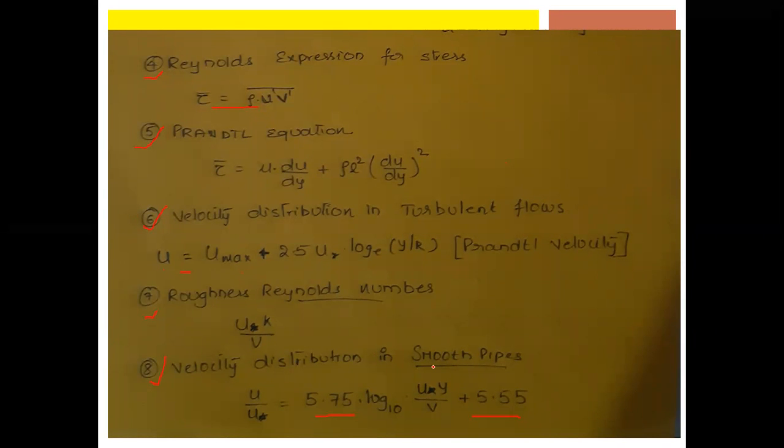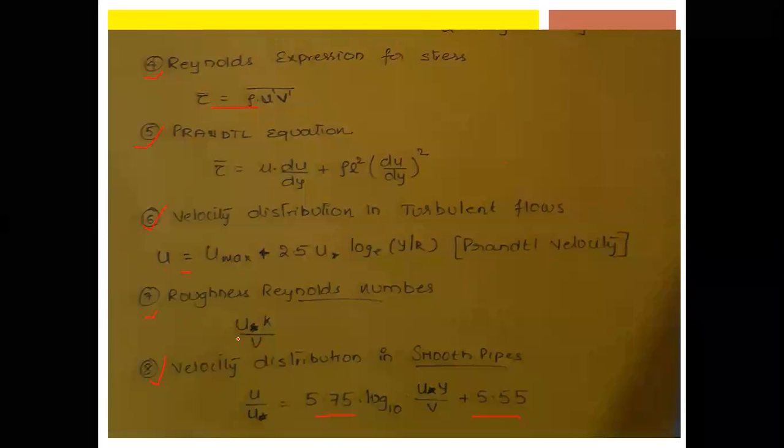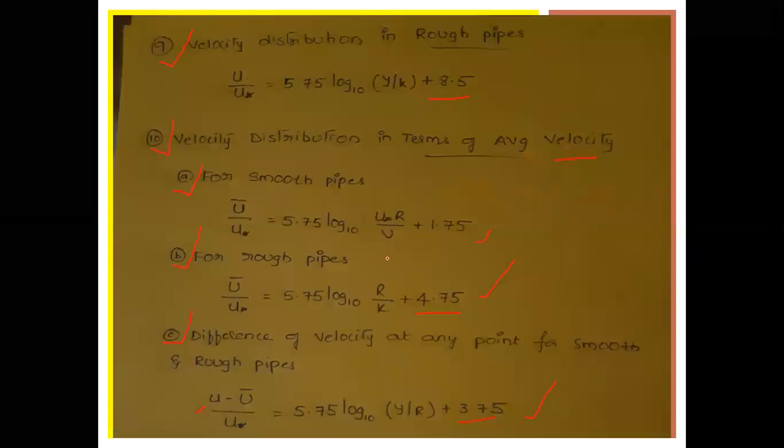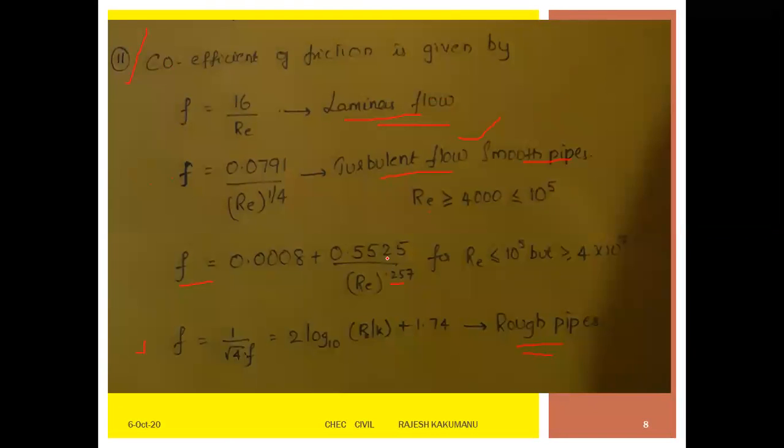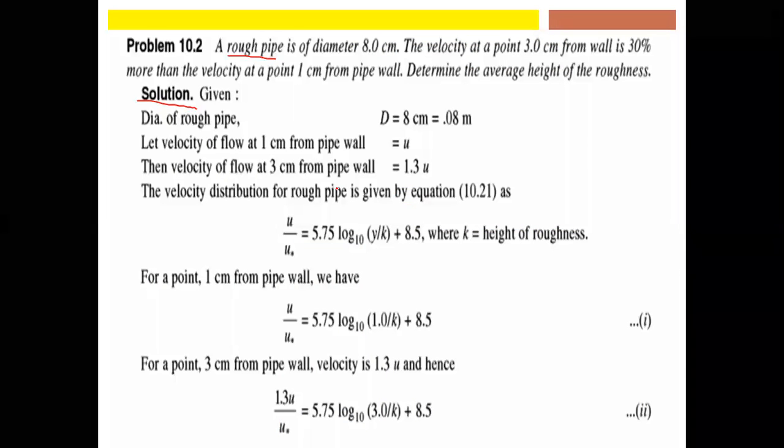The velocity distribution of smooth pipes, the velocity distribution of rough pipes, and the Reynolds number equals U star into K by V. Like this, we have formulas related to the questions. Now we'll see the problems.